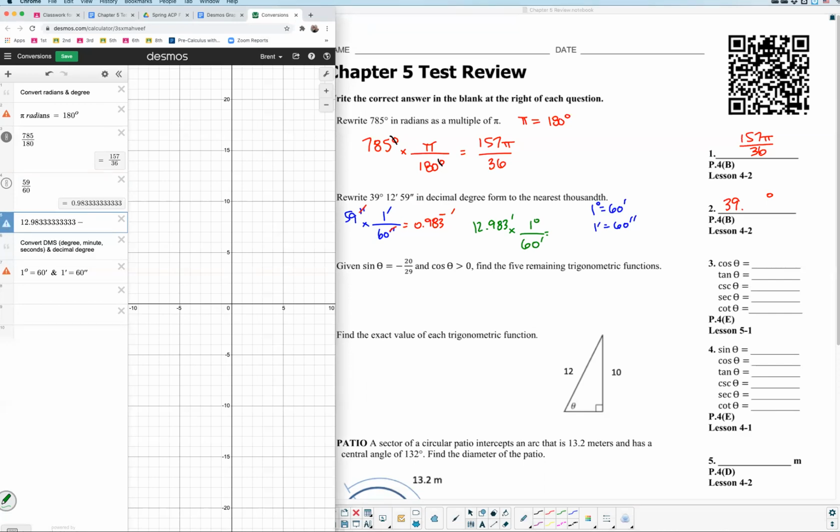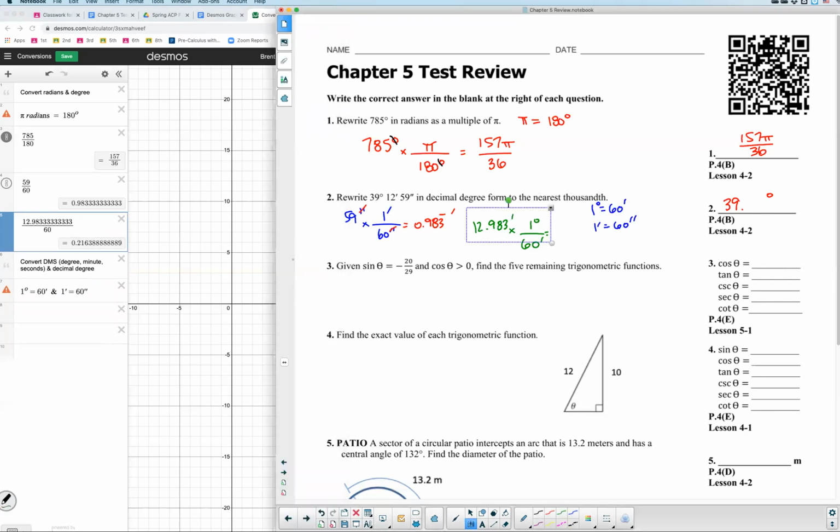And we'll divide that by 60. Oops, I pressed minus. Try this one more time. There we go. Divided by 60. And this tells me that after I do my conversion right there, or I simplify out the minutes, that I have 0.21638 repeating.